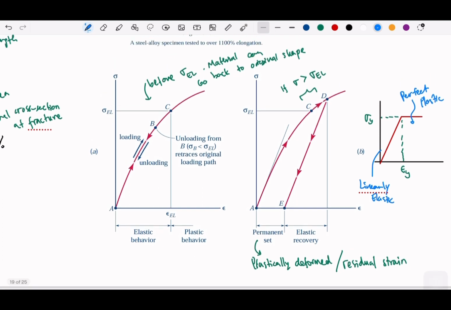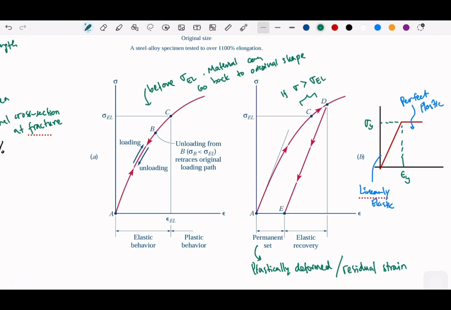This will be used to describe inelastic behavior, usually in axial deformation, in torsion, or in bending. At least for our course, we are going to cover axial deformation and torsion. For bending, I'm not sure. If we have time, we can, but if not, then maybe only axial deformation and torsion.